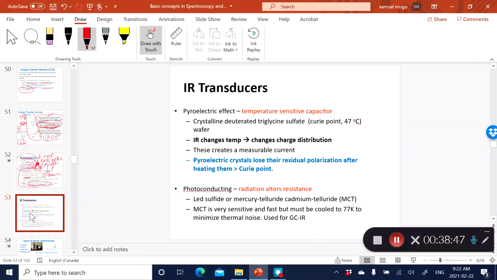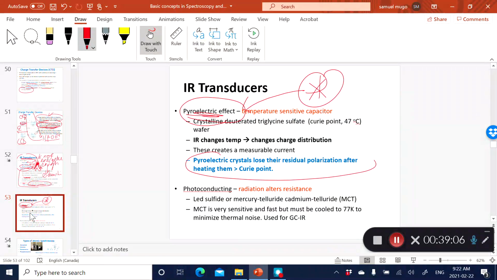Now, the other type of detector is what you refer to as pyroelectric detectors, which are based on an effect that I would like you to really understand, because it's very prevalent now out there. It's dependent on what you refer to as the pyroelectric effect. The pyroelectric effect is based on materials that change polarity if you induce them with pressure, temperature, or even any form of strain.